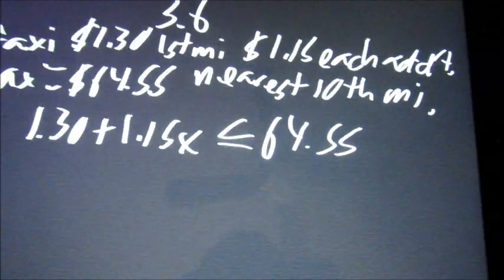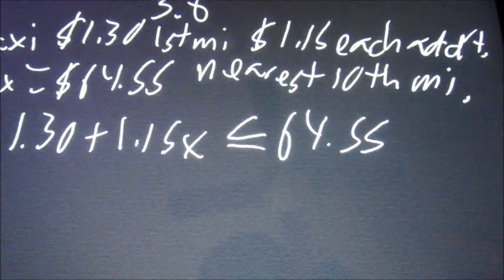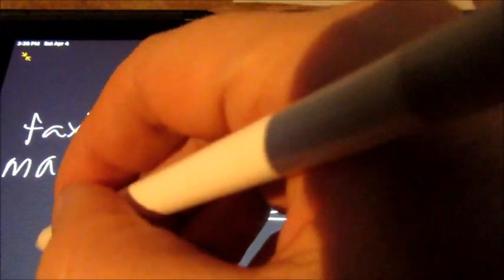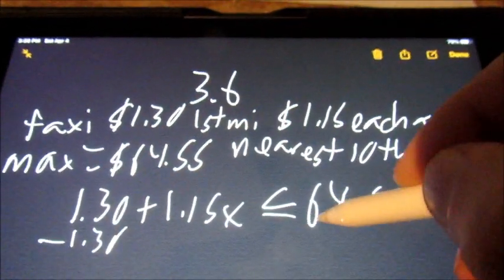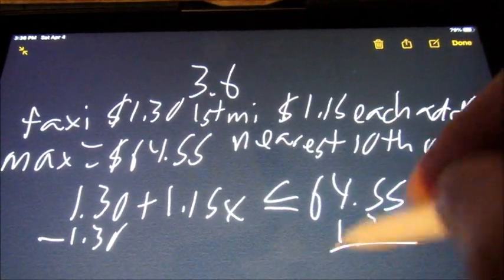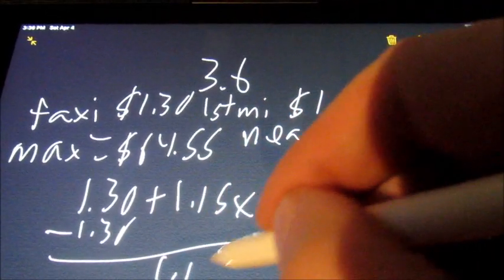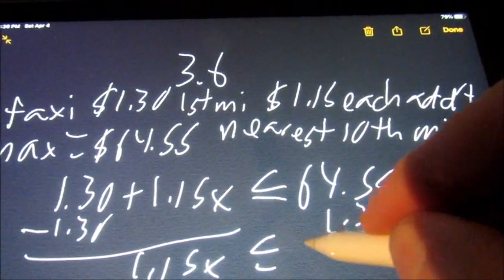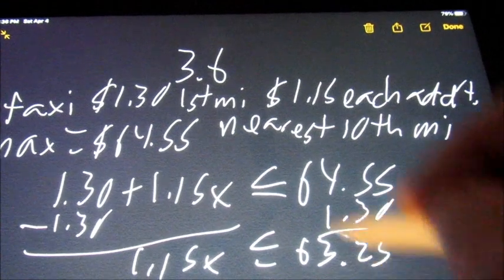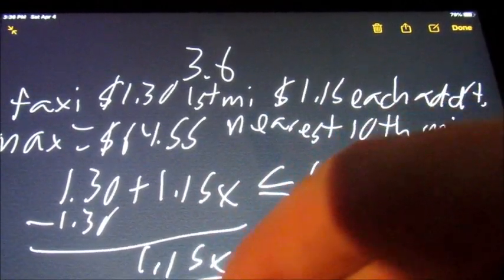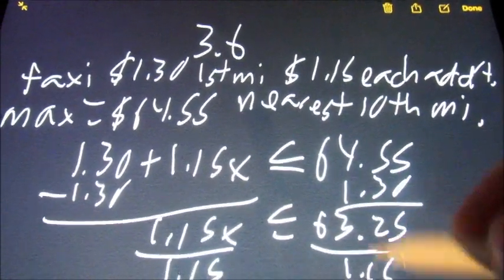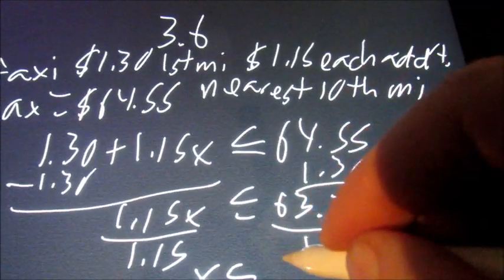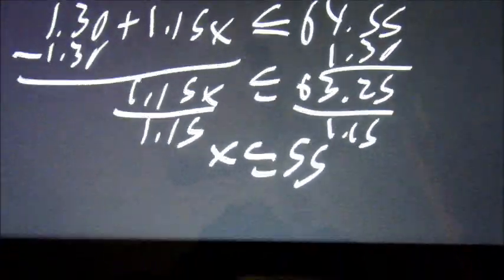So we can spend $64.55 or we can spend less. So we just need to solve. We're going to subtract the 1.30 from both sides. We get 1.15x less than or equal to 63.25. Divide both sides by 1.15. And x has to be less than or equal to 55 miles.